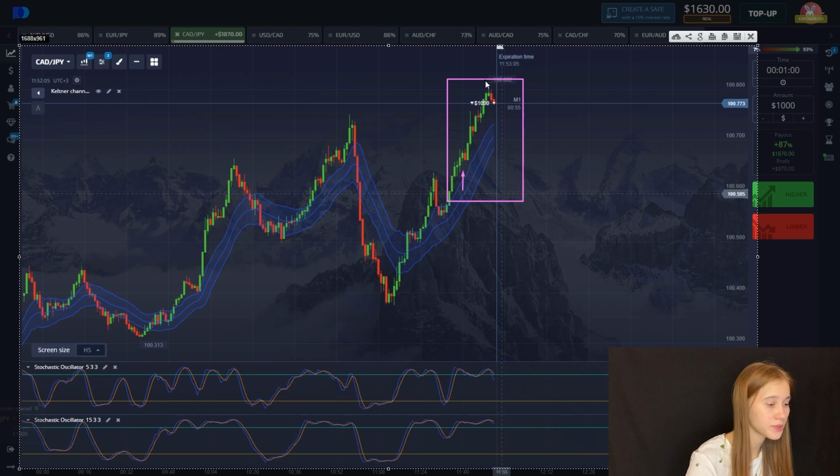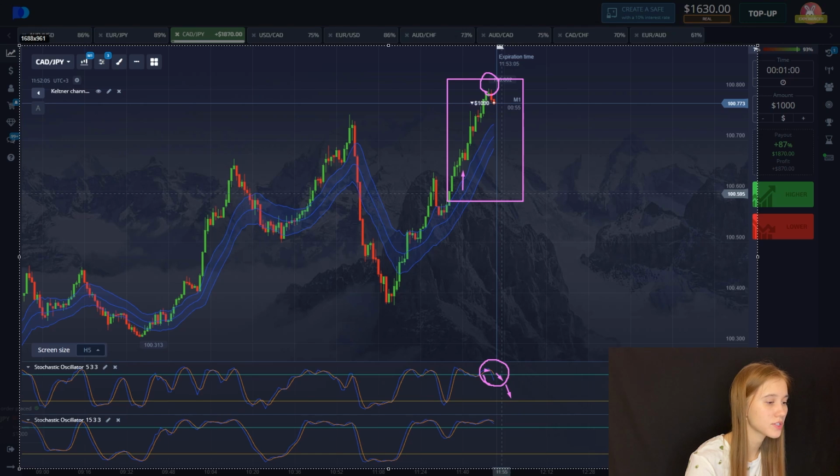In general, how to understand when a correction will take place, when there will be movement down? We have an exit. We see the signal. Stochastic will help us.